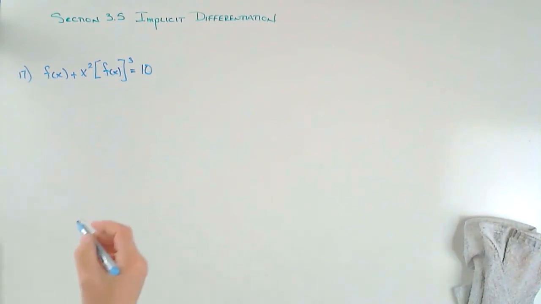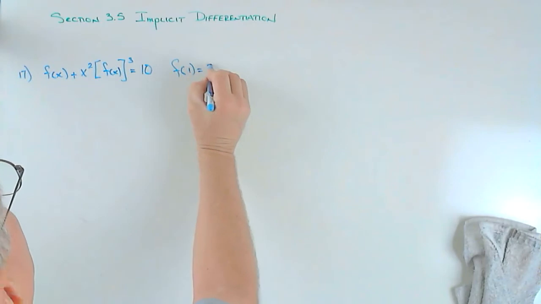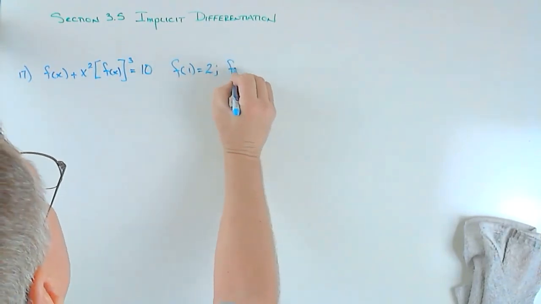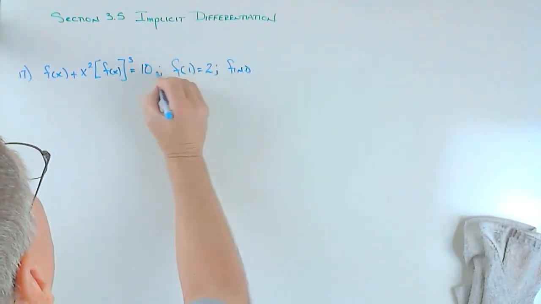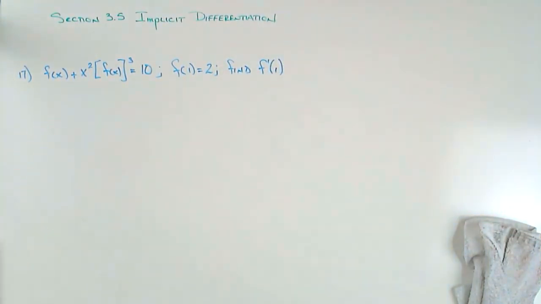And we're told f of 1 equals 2. And they want us to find f prime of 1. So we're going to take the derivative of both sides with respect to x. Just like we did the last problem.